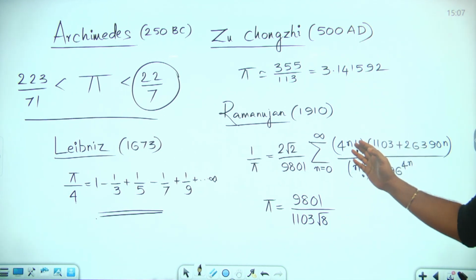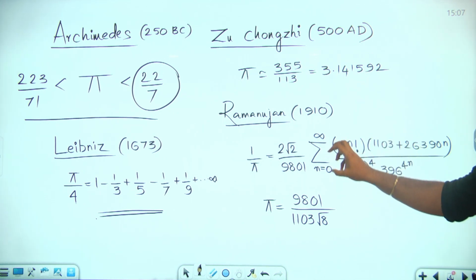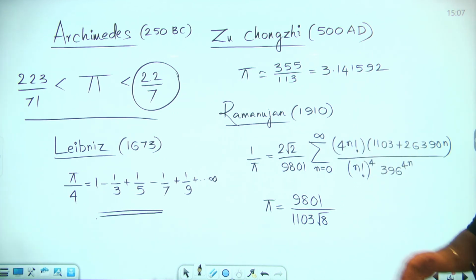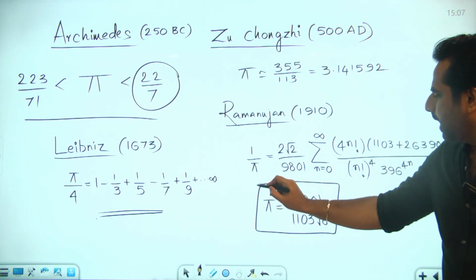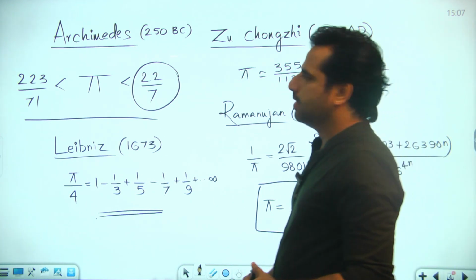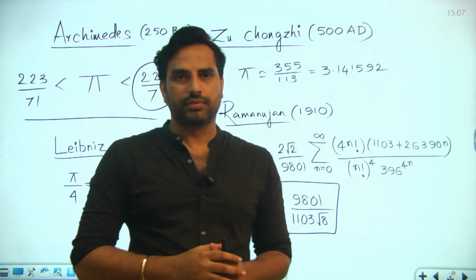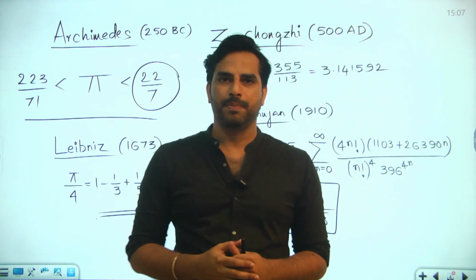This is an infinite series because this is summation of this term from n equal to 0 to infinity. And when n is equal to 0, the approximate value of pi is 9801 by 1103 into root 8. So this is the story of pi, and pi is a very, very significant number.